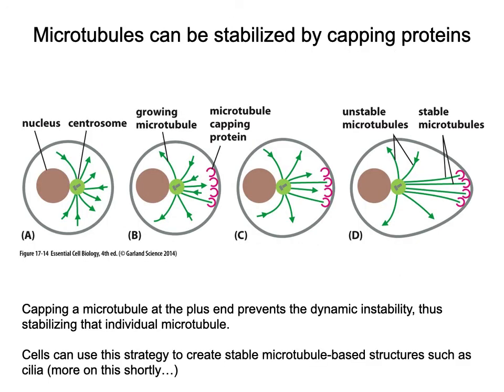Once the microtubules have reached the length that they need to be, they can be stabilized by putting capping proteins on. Here we can see how these microtubule capping proteins are placed onto the microtubules so they no longer grow. And then we have our unstable microtubules, in panel D, so they don't have the cap, and so they could continue to grow. So this is one way in which cilia become stable, so that they can maintain a certain length.